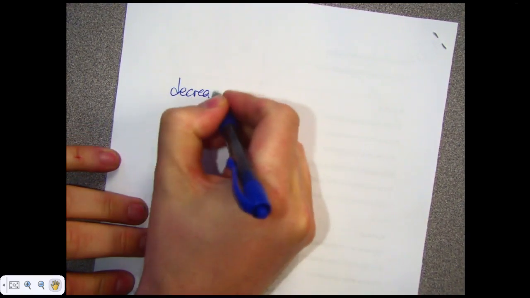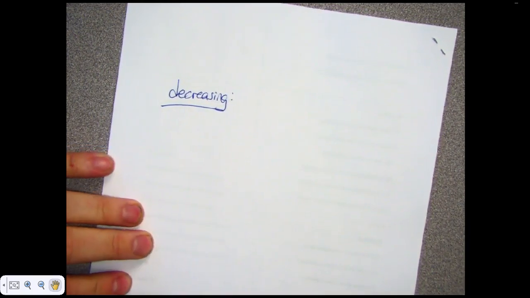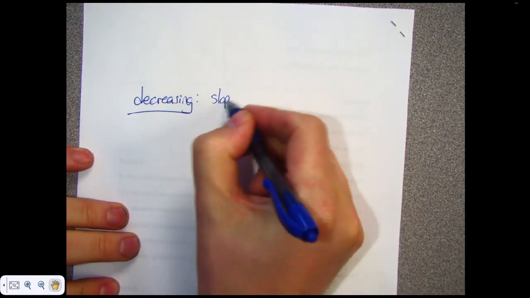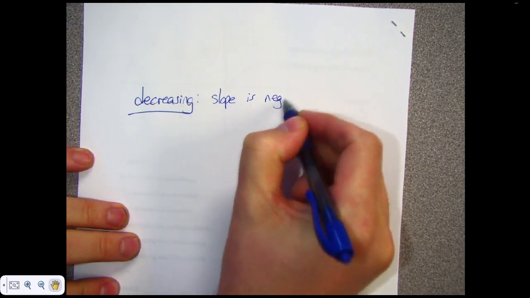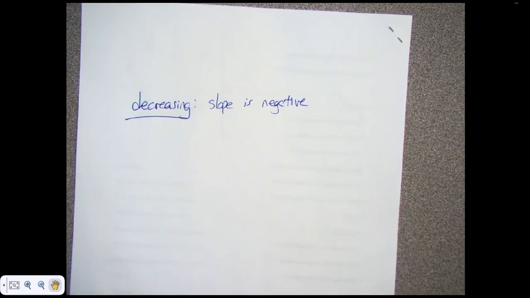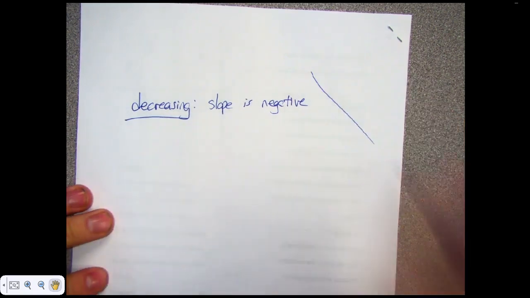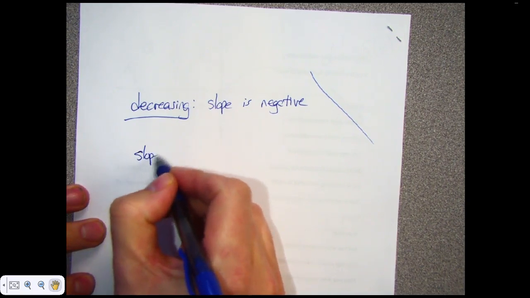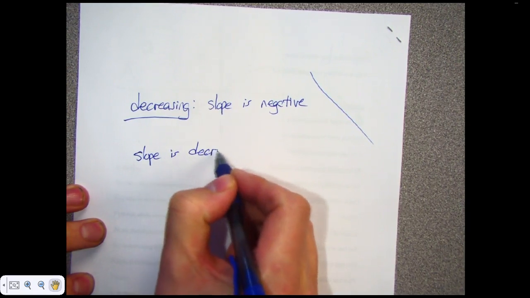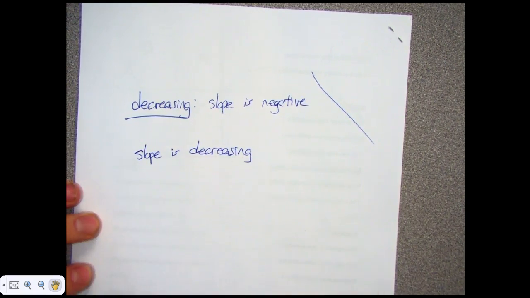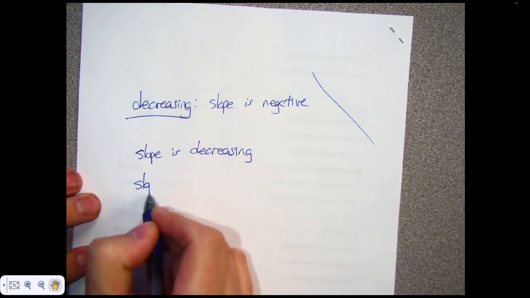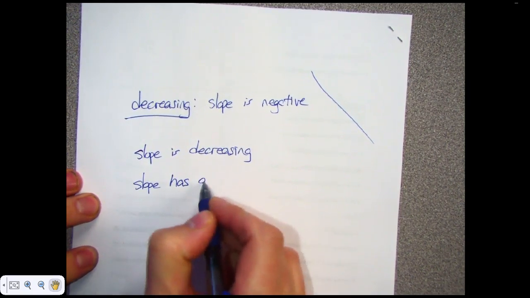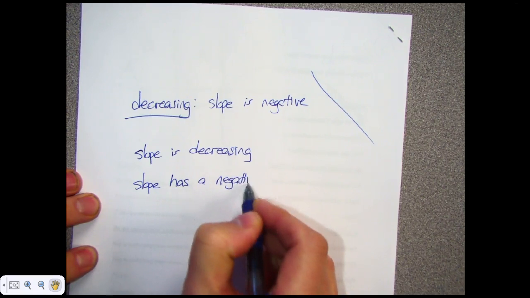So decreasing, if I should define decreasing, slope is negative would be a very fair definition, right? If something's going down, is the slope positive or negative? Negative. So now if I say the slope is decreasing, well, I just basically said the slope has a negative slope.